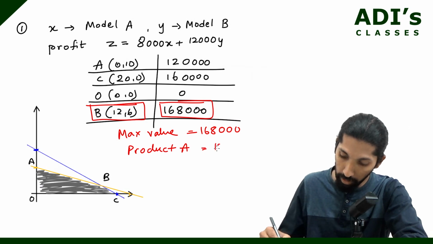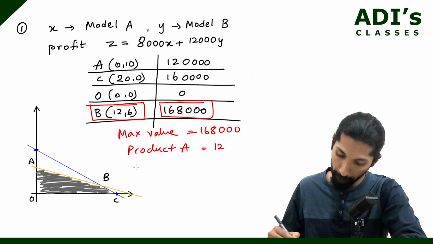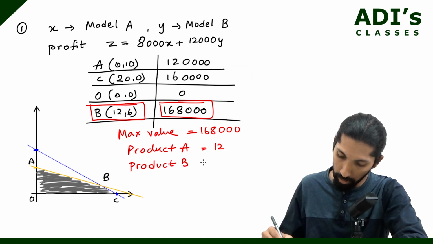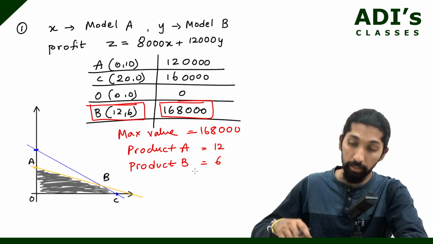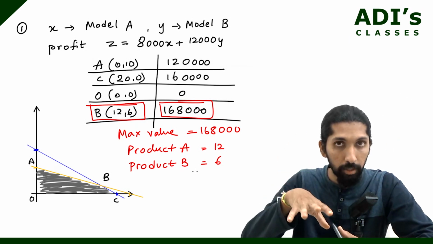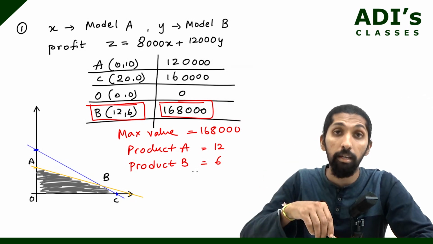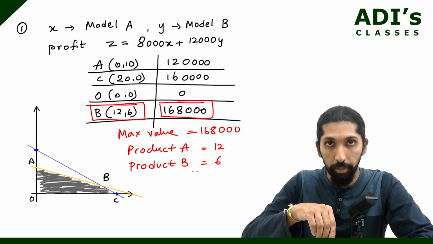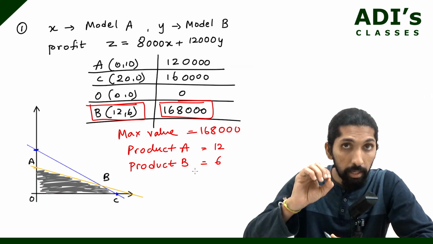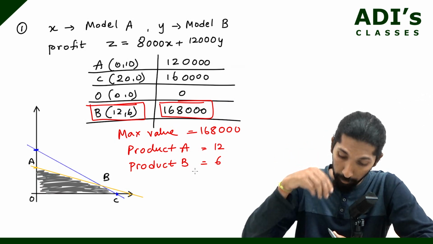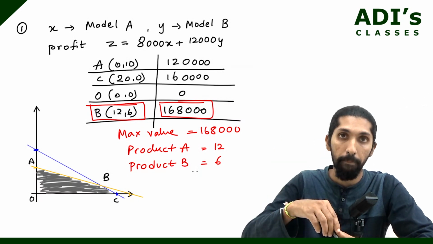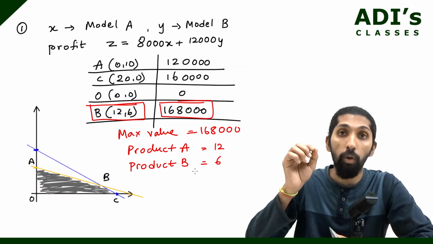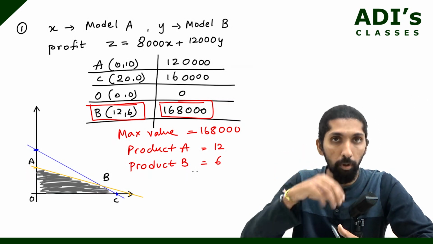There should be 12 quantities of product A and 6 quantities of product B. If we take 12 of product A and 6 of product B, we can maximize the profit, and the profit value is 1,68,000. Understood? So this is one type of problem.